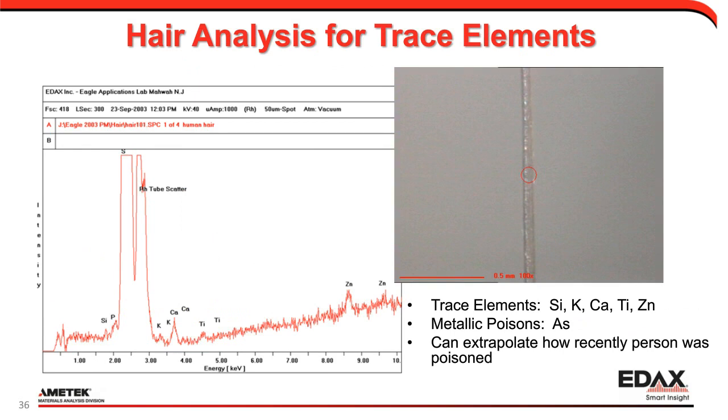This is an example showing the Orbis XRF tool for analyzing hair. Hair, at least in humans anyway, is known to uptake certain metallic elements from the body, famously arsenic metal. But in analyzing this hair, I found a variety of other trace elements: silicon, potassium, calcium, titanium, zinc.